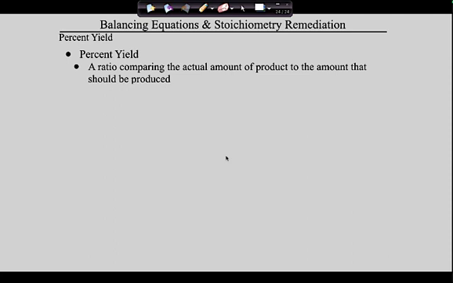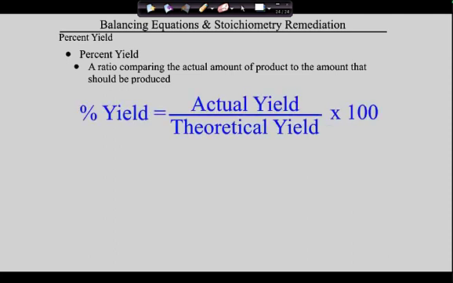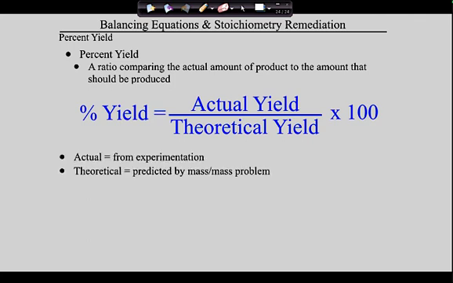Now, in order to figure out how well we did, we talk about a ratio called percent yield. And percent yield is actually a ratio of how much we actually collected, that's from experimentation, and then how much we theoretically could have produced, and that actually comes as the result of a mass problem.